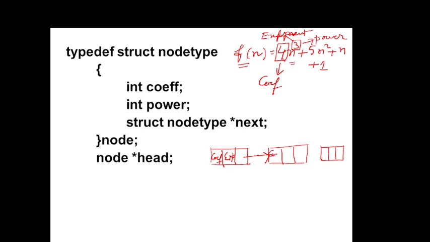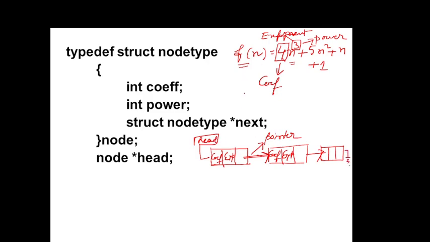Similarly here also coefficient and then exponent, then again a pointer. So this is how the linked list will be formulated: the coefficient part, the exponent part, that is the power part, and the link part, that means a pointer, which will point to the next node. Initially one head node can be here, and finally the last one can be grounded also.